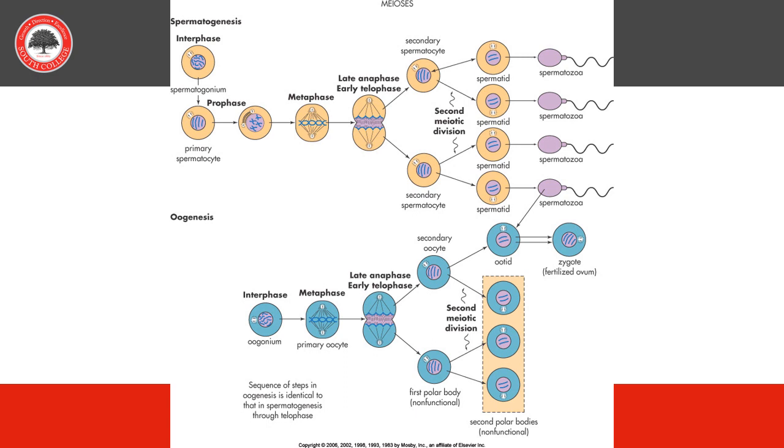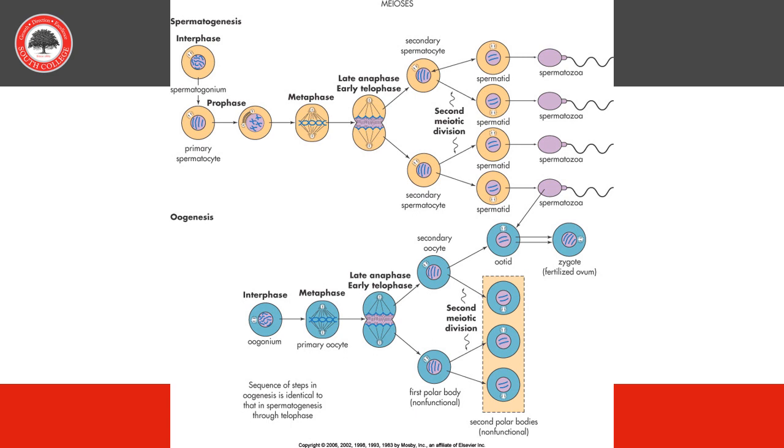On the other hand, oogenesis is a process in which we have an oogonium, just the name of an immature egg, that's going to go through the same processes we have with spermatogenesis, except we get to the point of the end phase where we only have 23 chromosomes. We have one ootid, and the rest of them are called polar bodies.